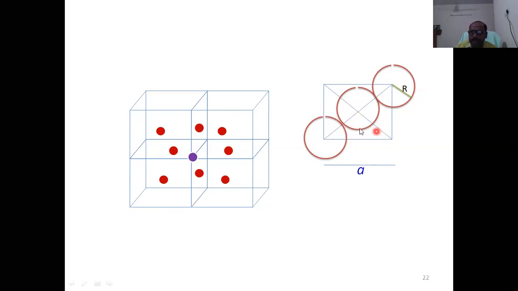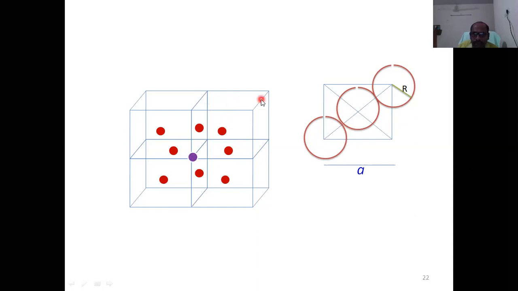From this it is clear that if you take one corner point, the nearest lattice point for that is the nearest face center, and it should not be on another face. So if you take one lattice point, at first you identify the faces which are touching the lattice point.